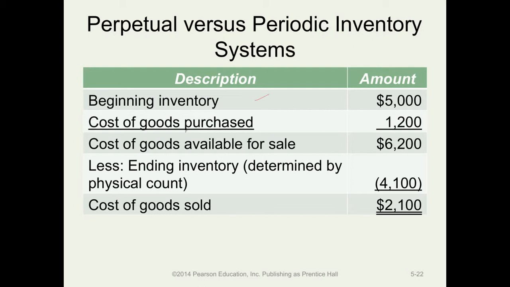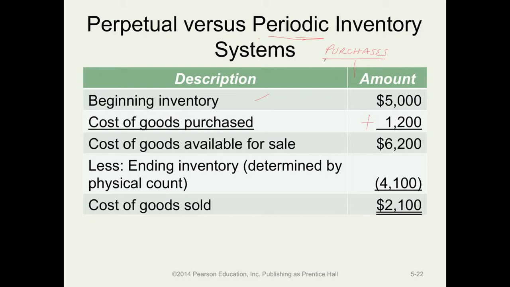Then we go out and buy some inventory, and these are, of course, merchandise inventory. We're talking periodic. So the purchases are added, and we come up with something known as the cost of goods available for sale. In a periodic system, there's a separate account called purchases. This is a temporary account.